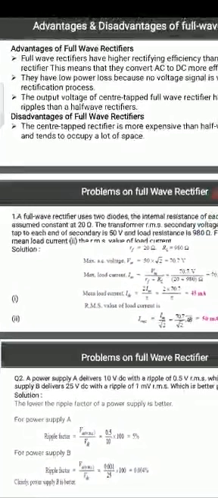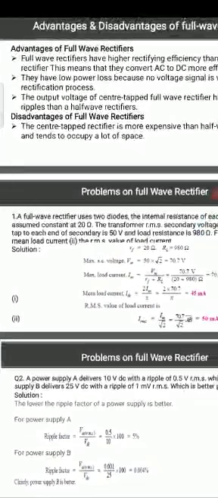Next, for power supply B, the ripple factor is VAC RMS value by VDC. In case of power supply B, the RMS value is 1 millivolt, 1 into 10 to the power of minus 3, or 0.001, by the voltage which is 25. So 0.001 by 25 into 100, the ripple is 0.004 percent.